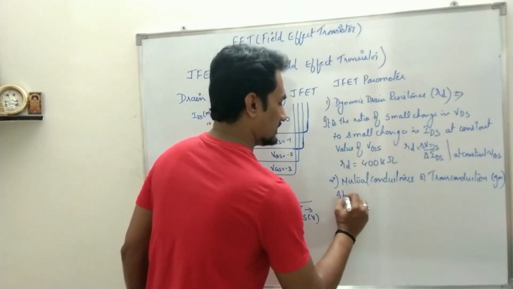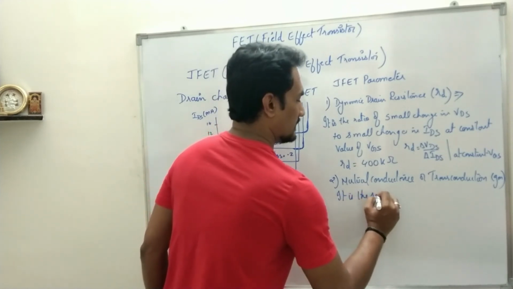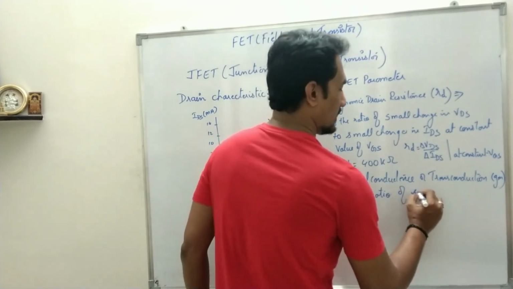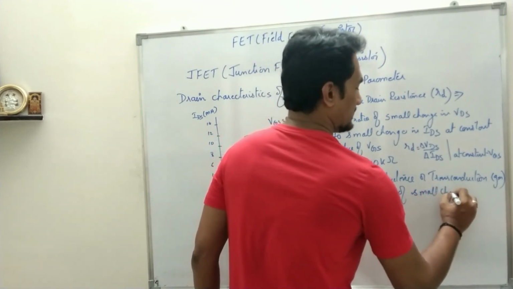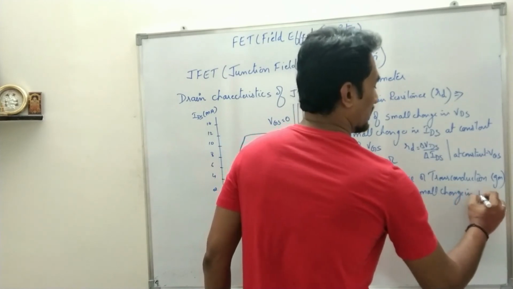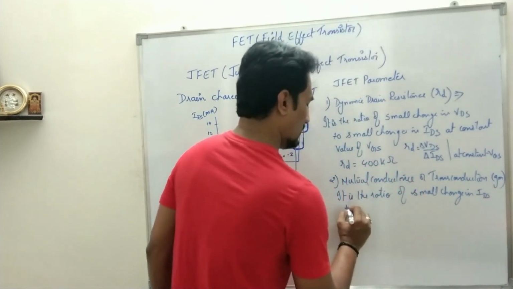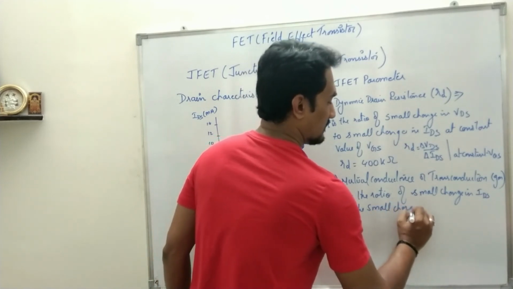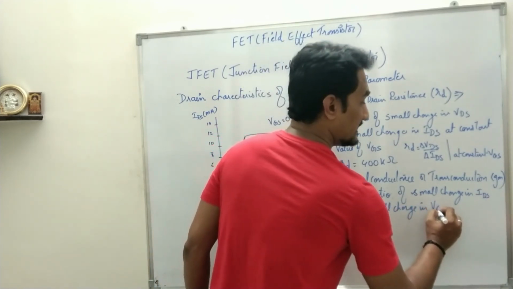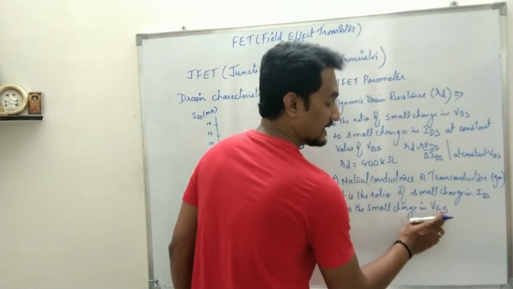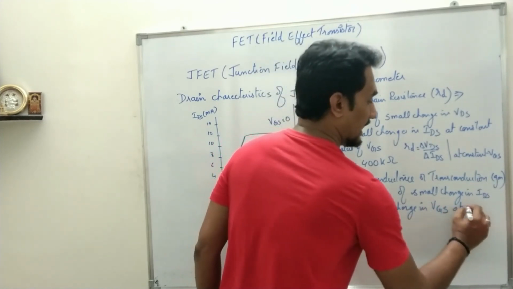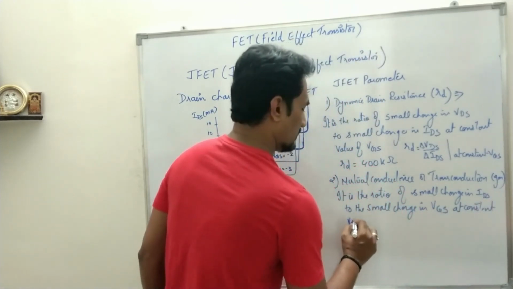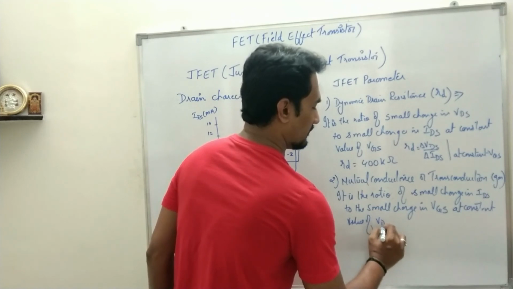It is the ratio of a small change in IDS to the small change in VGS, that means gate to source voltage, at constant value of VDS.